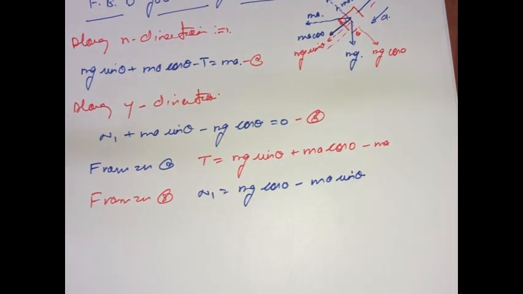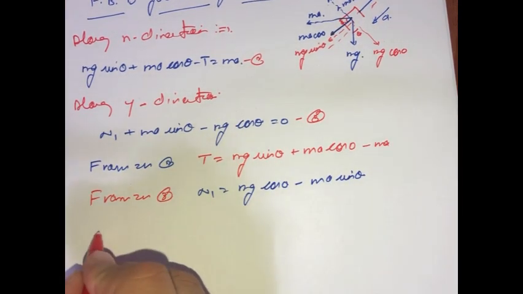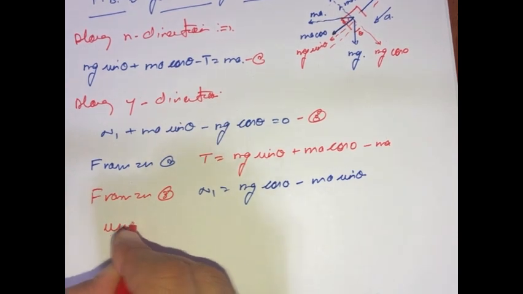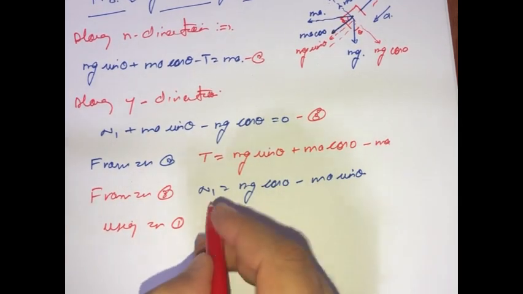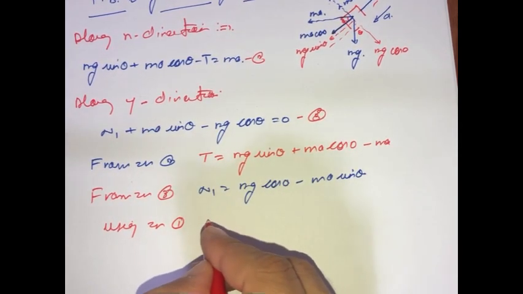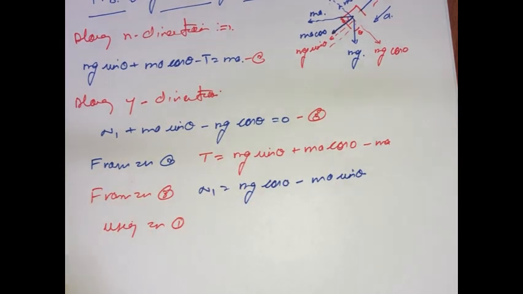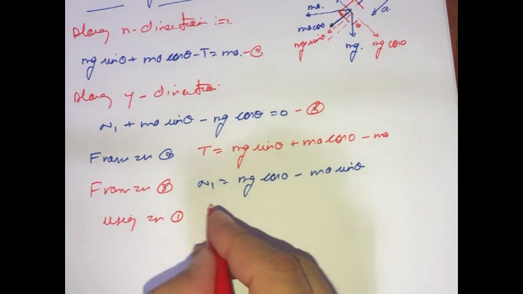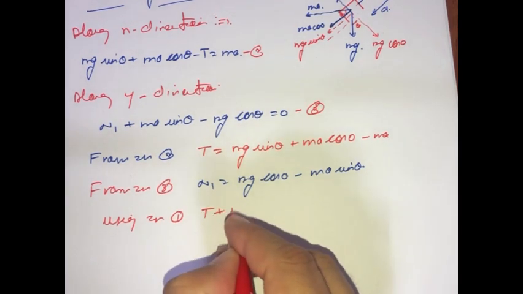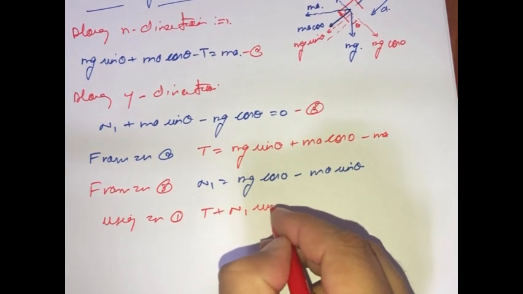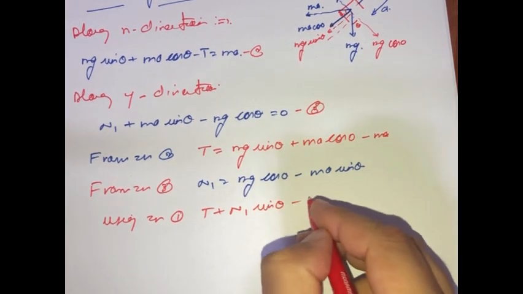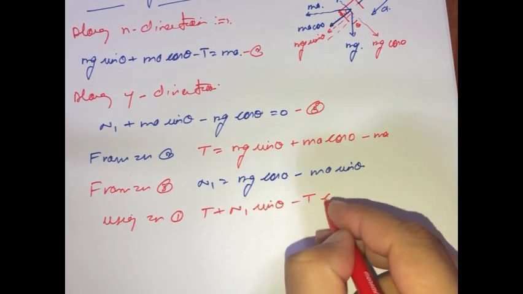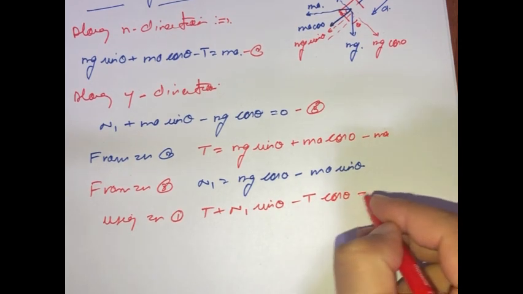Now we are going to use equation number 1, which was, let me write it here, T plus N1 sin theta minus T cos of theta is equal to ma.